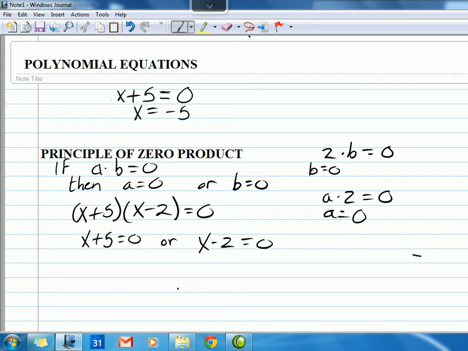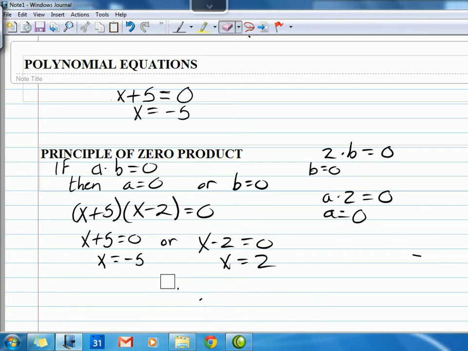One or the other. One of those has to equal 0 to make this whole thing 0. So you just solve both equations. If you solve both equations, you agree that this is going to be x is equal to -5 and this is going to be x is equal to 2, right? So those are the possibilities to make this 0.